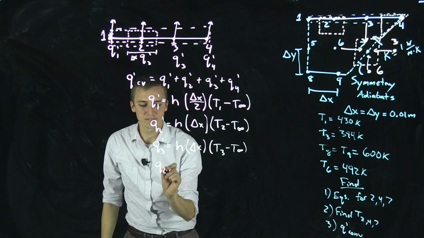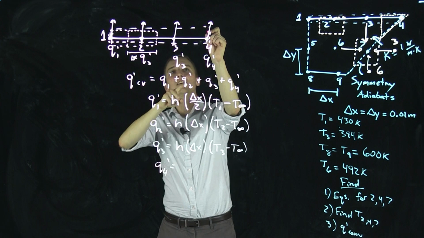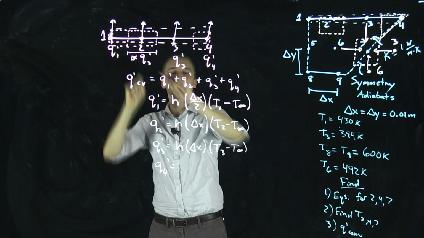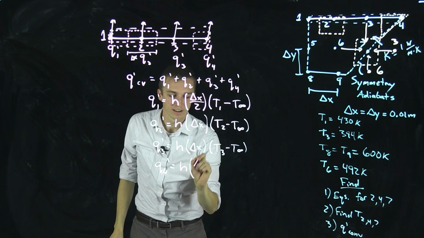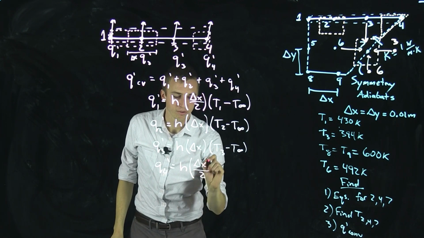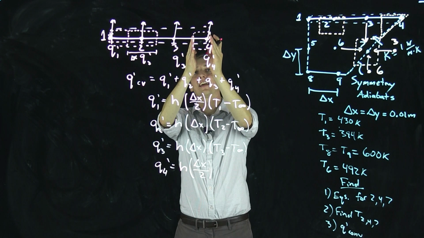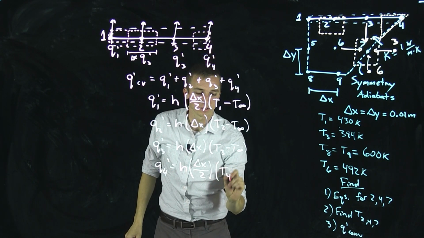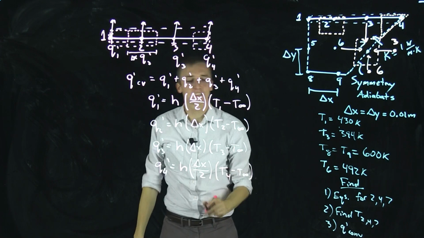And finally, Q4, which would have this control volume, is the same story as node number 1, where we do h, and now we have to only do half of the length, since we're only looking at this length right here. And then we multiply that again by our temperature difference.